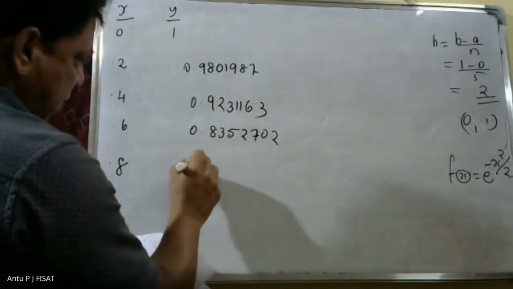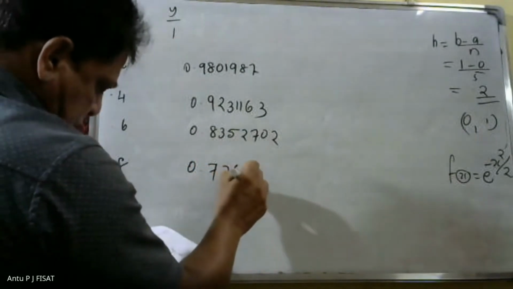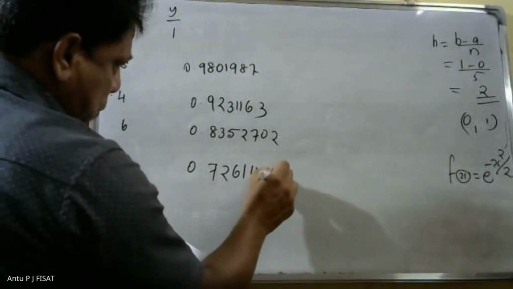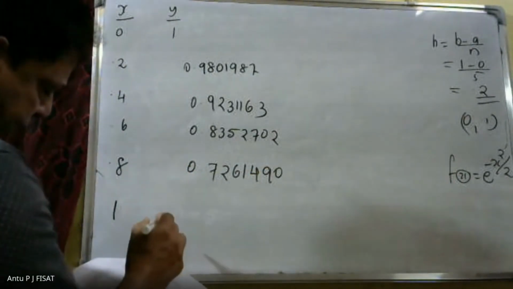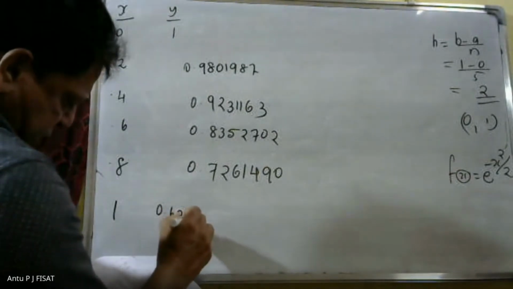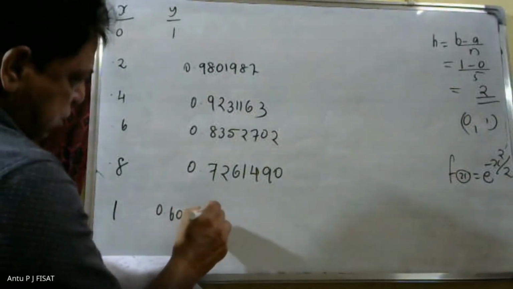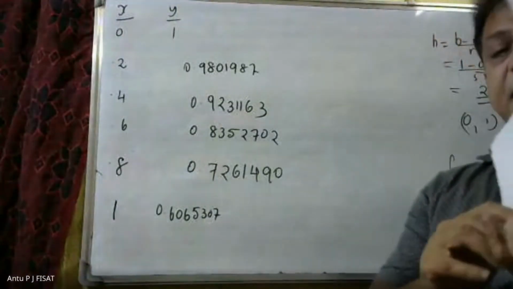For 0.8, the value will be 0.7261490. For 1, the value will be 0.6065307.